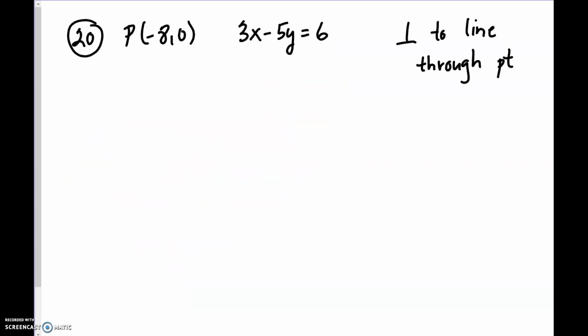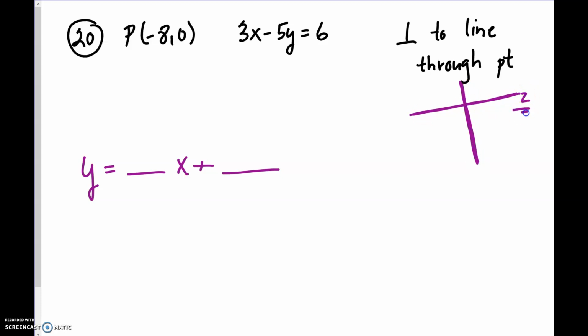Now number 20 is basically the same kind of question, but this time they want a perpendicular. So I'm writing an equation again, so y equals blank x plus blank. I have the black line right here, and I need the equation of the line that's perpendicular. So I need to find the slope of this black line here.